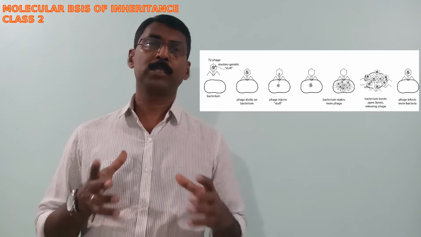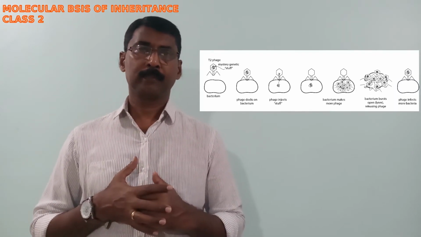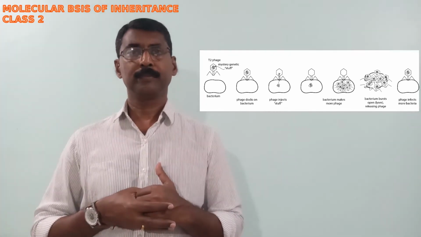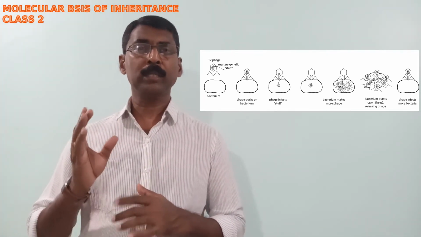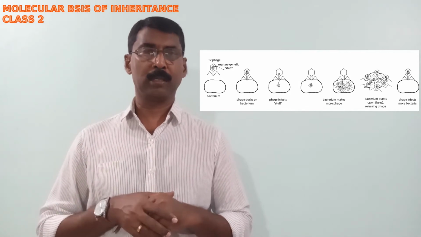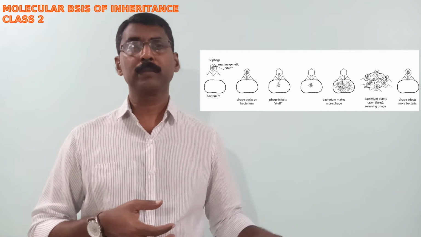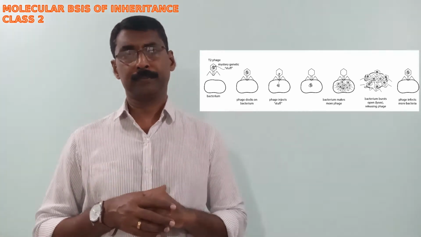And what is the mode of attack of a virus on a host cell? A virus, when it attacks a host cell, leaves the protein coat outside the host cell, and only the genetic material will be introduced into the host cell.